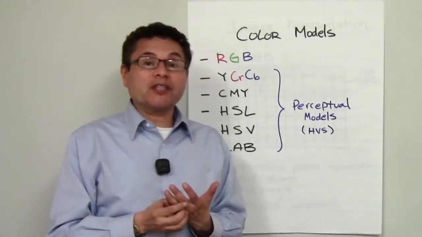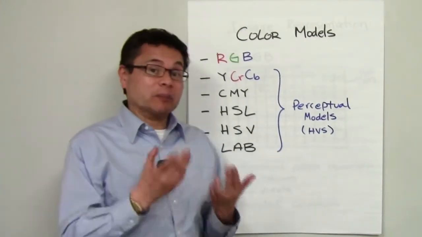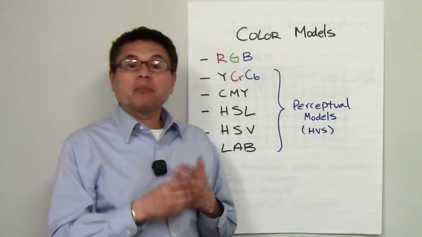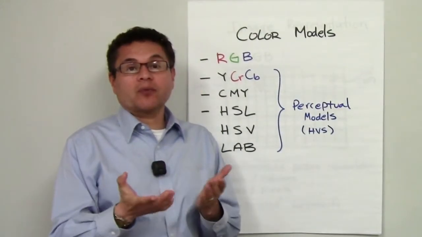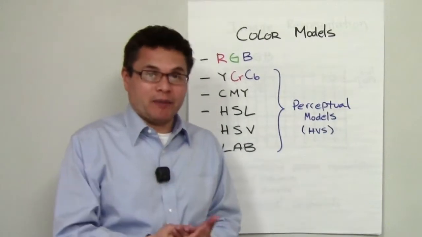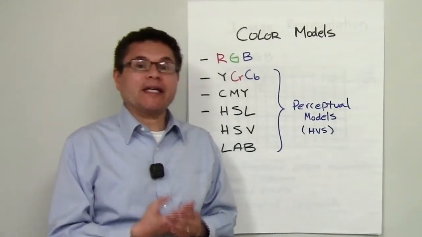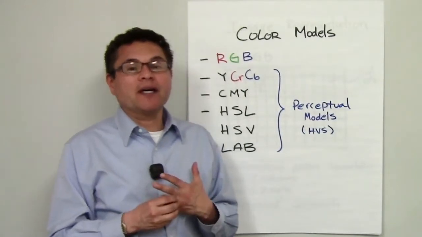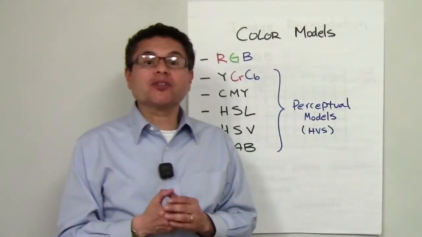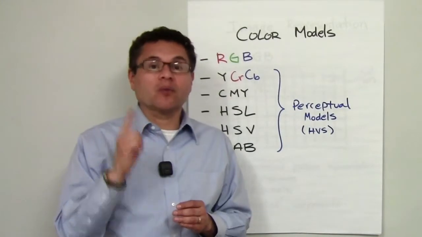That image representation format is very good for displays or printing, in other areas where you need to present an image. But for processing images, the RGB domain may not always be very appropriate, and that has to do with the way that our eyes work.